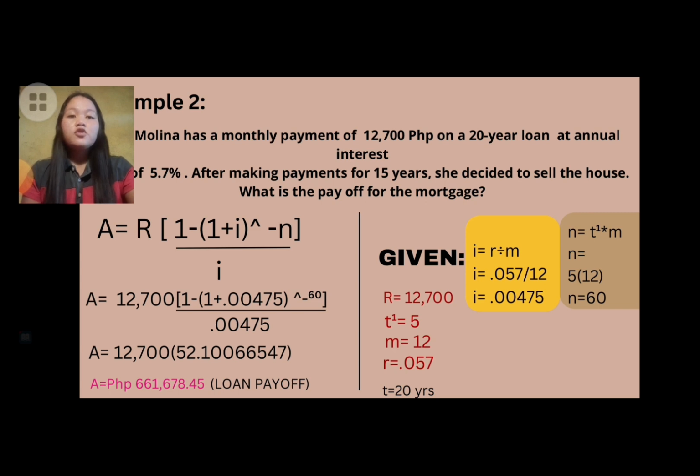So over 0.00475, then close brackets, and this will give us the result of 661,678.45 cents. So that is the amount that Miss Molina still needs to pay, or her balance for the remaining 5 years in her mortgage.